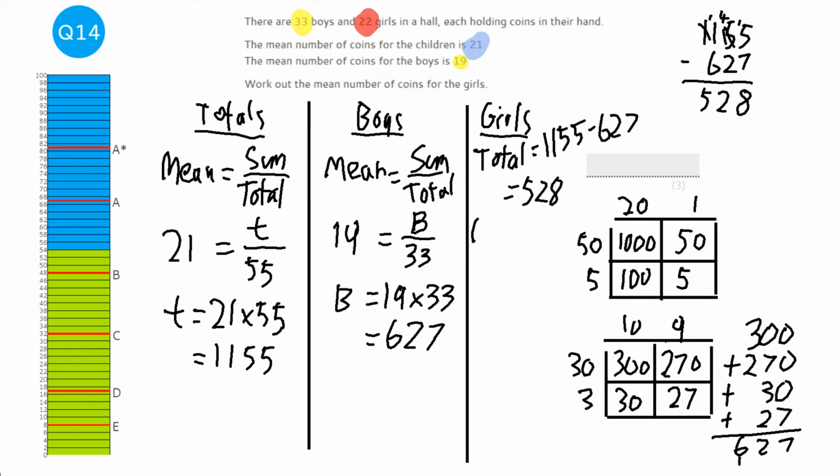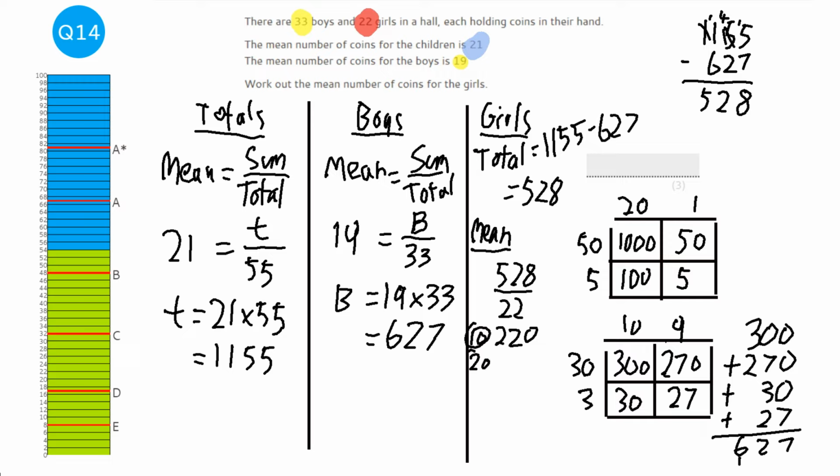Okay, so the mean, I haven't really left myself an awful lot of space here. So the mean is 528 divided by 22. And so now I've got to work out my 22 times table to get there. I know 10 lots of 22 are 220.